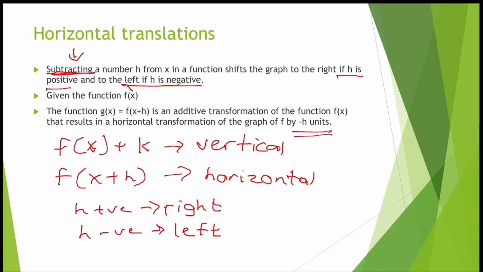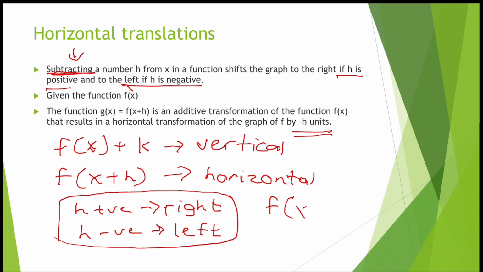Now, before you take this in mind, I want you to know that whenever I give you f of x plus h, you first take out the h as it is, okay? You take out your h term with the sign. So if you have an f of x minus h, you take out the minus h, or if you have a positive h, you take out the positive h. And I want you to multiply the entire thing by a negative sign, since we have negative h units.